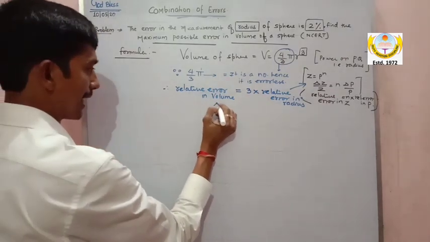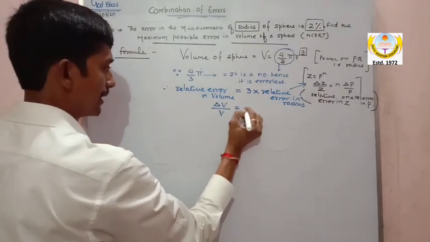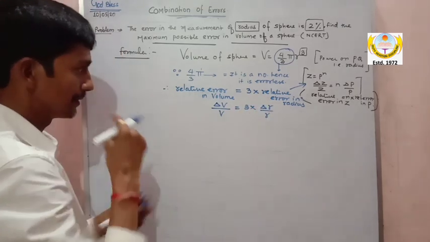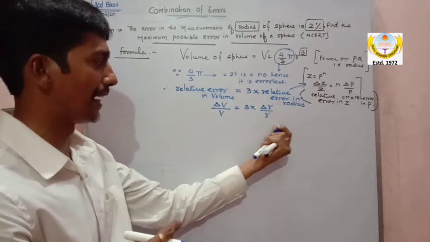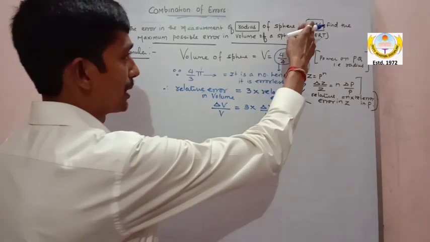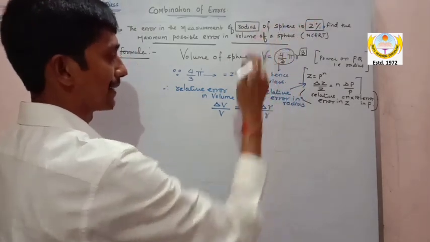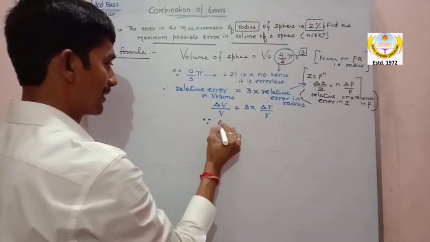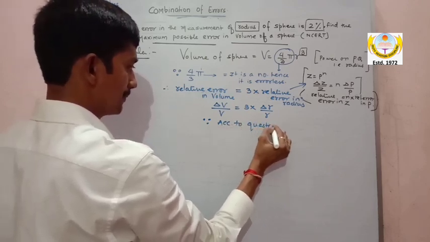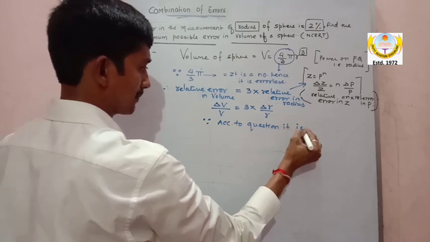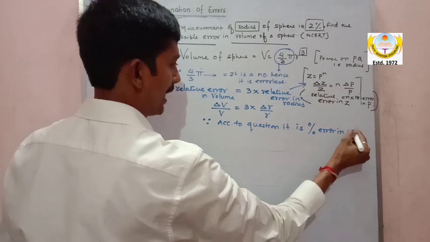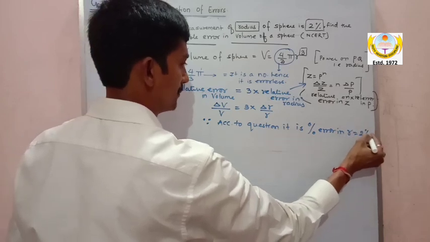So now, my dear, this is delta V by V is equal to 3 into delta R by R. Relative error in radius is delta R by R, relative error in volume is delta V by V. But my dear, the question has given percentage error in R. Since according to the question, it is percentage error in R, that is 2%.